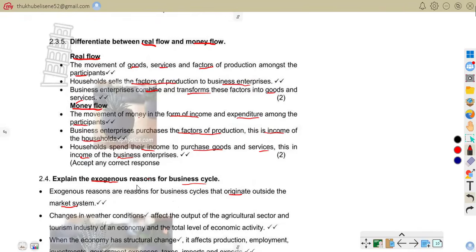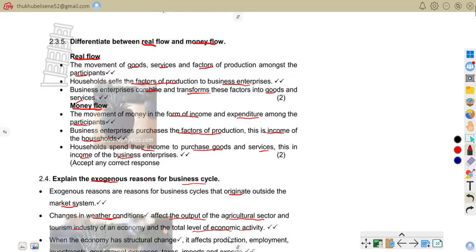Also, changes in weather conditions affect the output of the agricultural sector and tourism industry of an economy and the total level of economic activity.